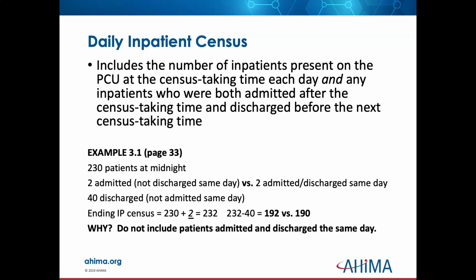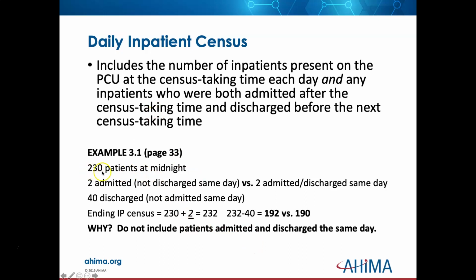It says the number of patients in General Hospital at midnight on May 1st is 230. 2 patients are admitted during the day. 40 patients are discharged. What is the inpatient census at the end of the day on the next day, which would be May 2nd? All right, so let's take a look at the screen here.